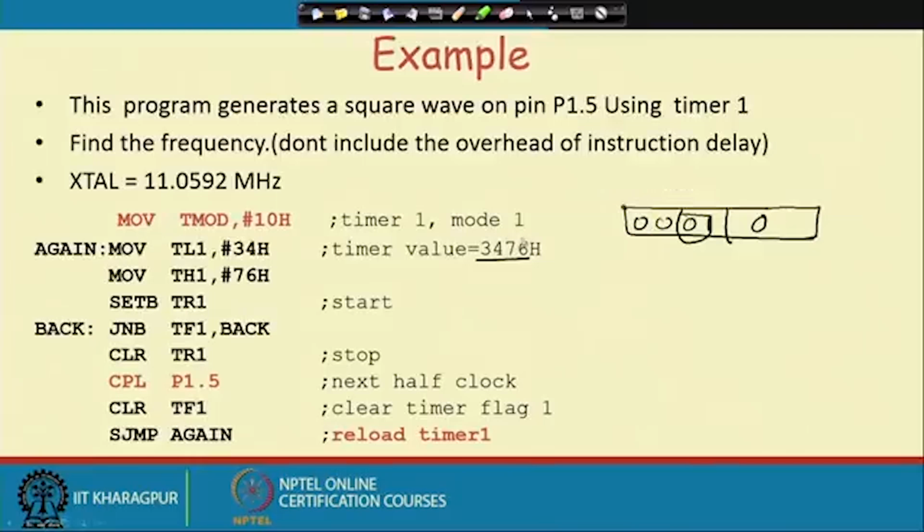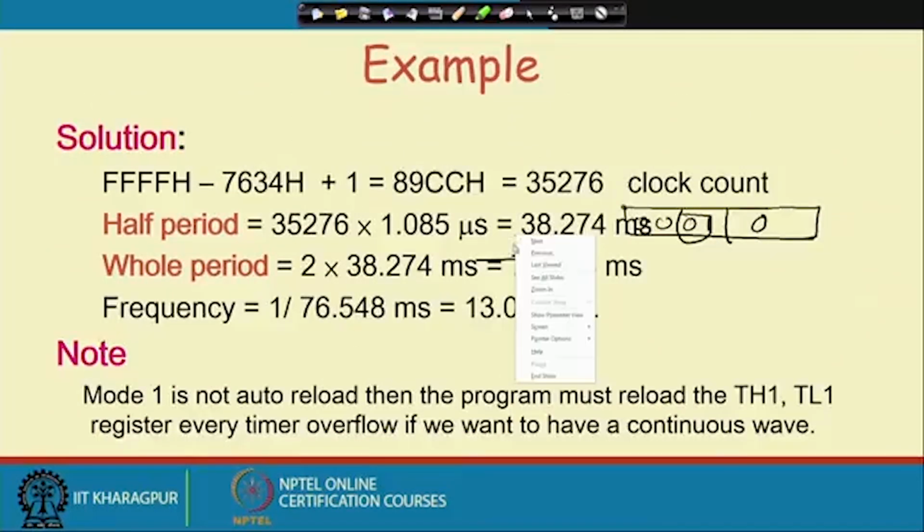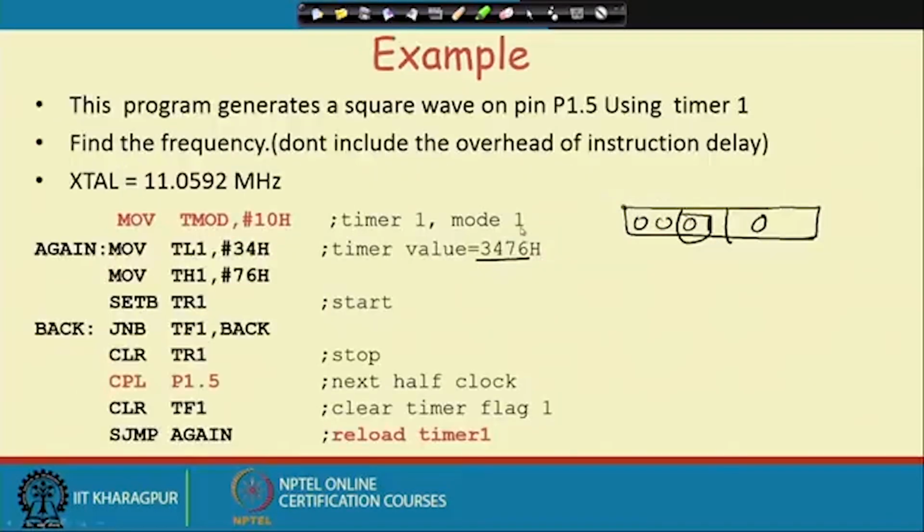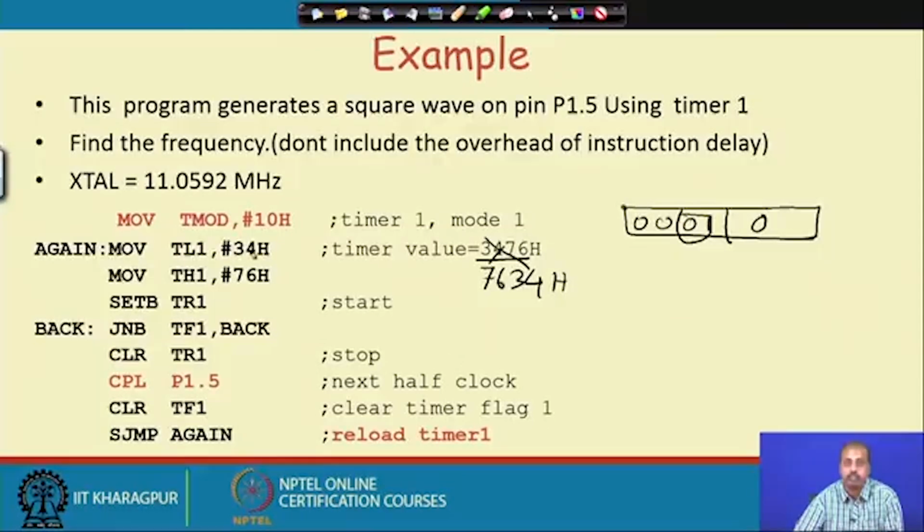This is not 3476, sorry. It is 7634, because the TH register has 76 and the TL register has 34. So we are initializing this TH TL pair.